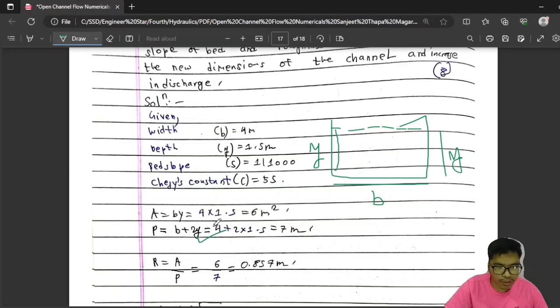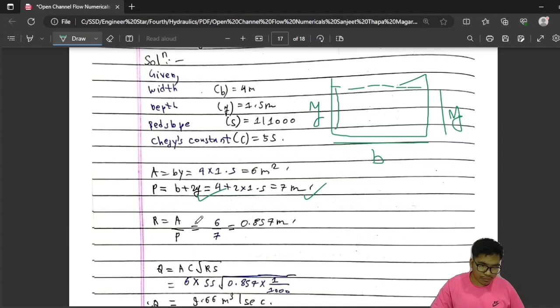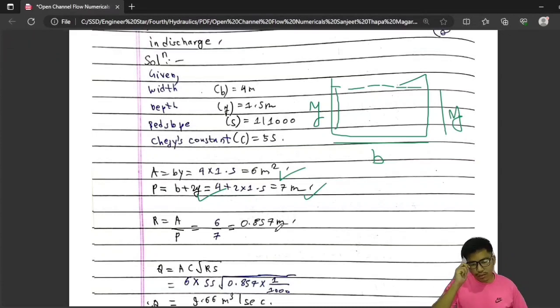B is 4 and y is 1.5. 2 into 1.5 is 3, and 4 plus 3 is 7. R is A divided by P. A is 6 divided by P 7. So R is 0.857.